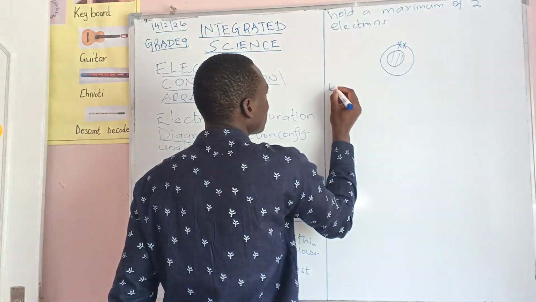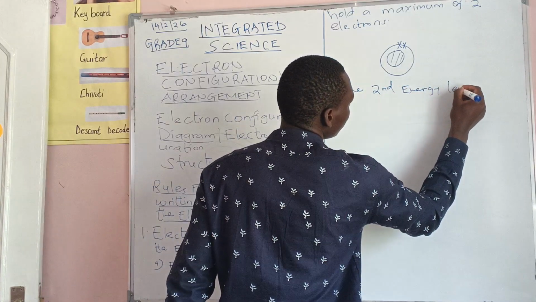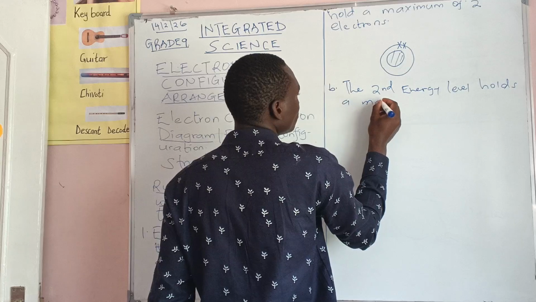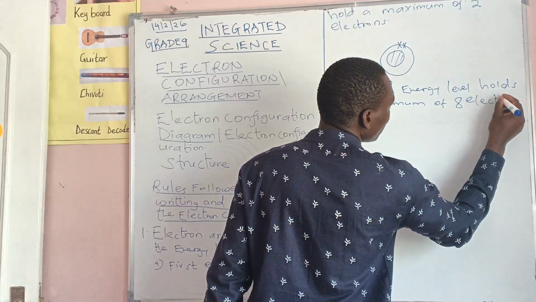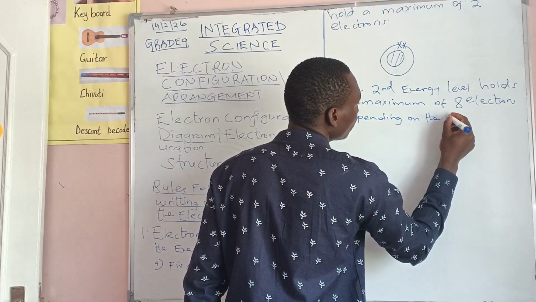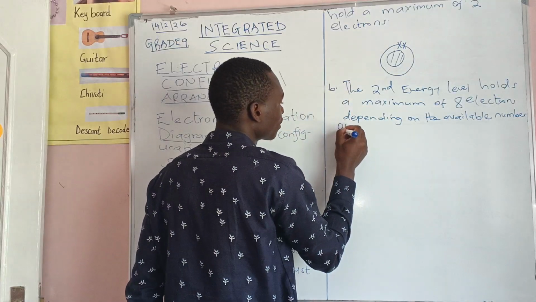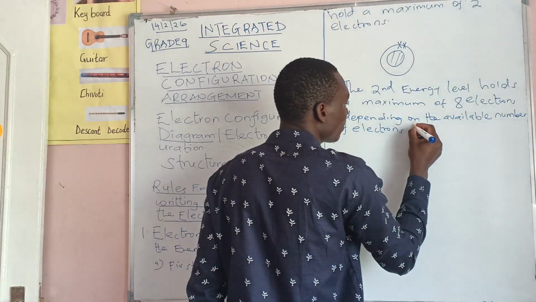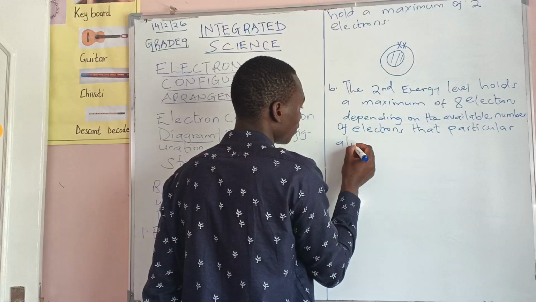The second rule states that the second energy level holds a maximum of 8 electrons, depending on the available number of electrons that particular atom, or rather element, has.